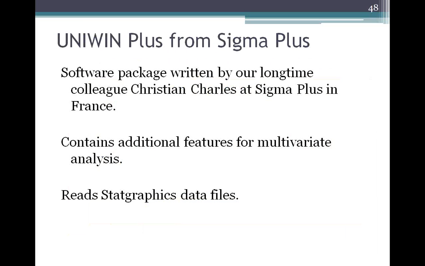He is the local representative in France for Statgraphics, has been for a long time. He has also put together a very nice program called Uniwin Plus to do some multivariate procedures that Statgraphics does not do. In fact, I believe that may have been his motivation for doing it. He wanted to do certain analyses that were not currently in Statgraphics.